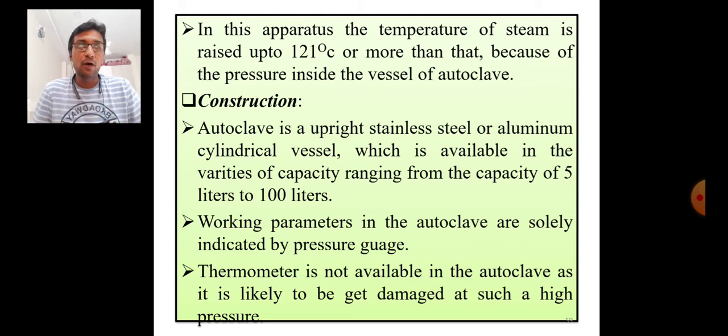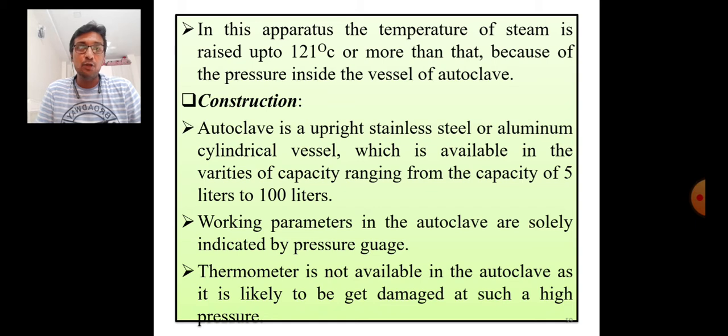Okay, in our college we are having two autoclaves. One small autoclave we are having in our college, that is of 5 liter, and one somewhat larger autoclave is there in our college, that is of around 25 liter. दोन ऑटोक्लेव आपल्या कॉलेजला सुद्धा अवेलेबल आहे, एक 5 लिटरचा आणि एक 25 लिटरचा. Okay, so student, now try to understand. Autoclave is the upright cylindrical vessel which is made up of either stainless steel or aluminum.